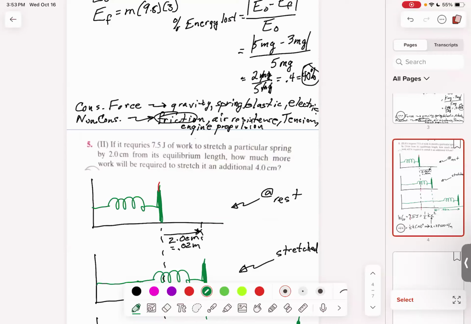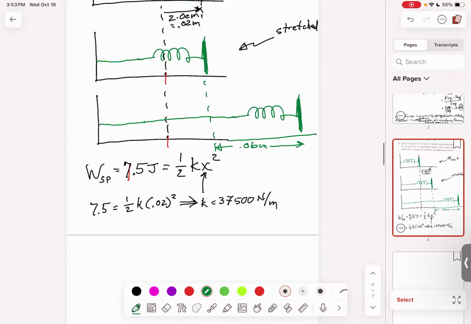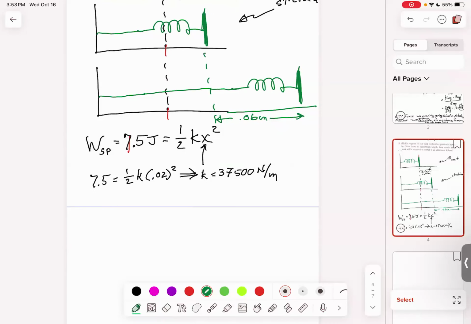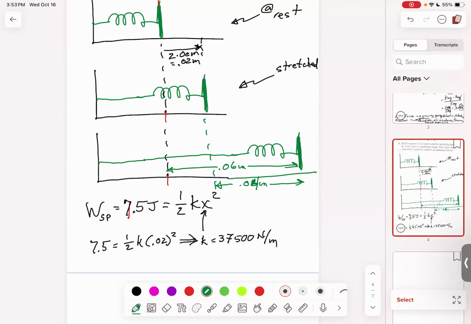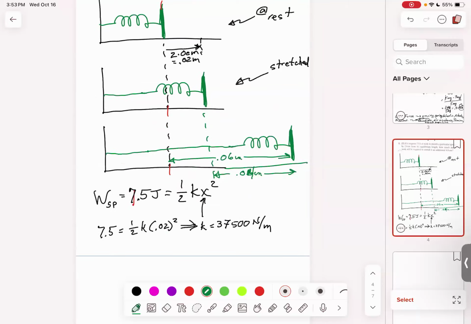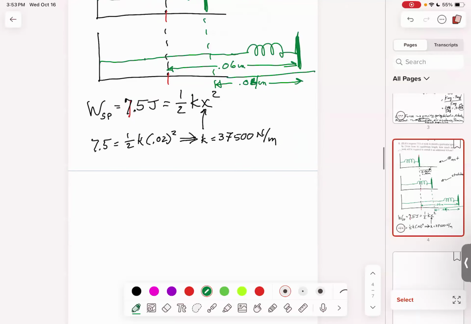It said to move it an additional 4 centimeters, which would have gotten me 0.06 meters away from equilibrium. So this distance right in here is the 0.06 meters. Okay. And so let's see what we get from that.